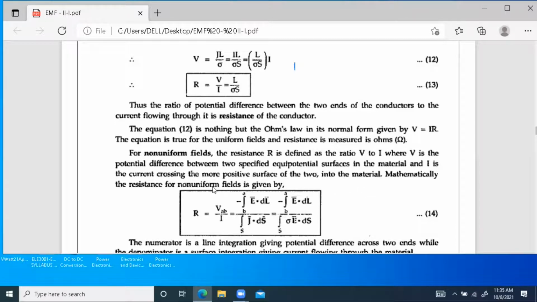Mathematically, resistance for a non-uniform field is given by V over I. And we know that V is the integral of E dot dl, and I is the integral over the surface of J dot ds. So this is Ohm's law.